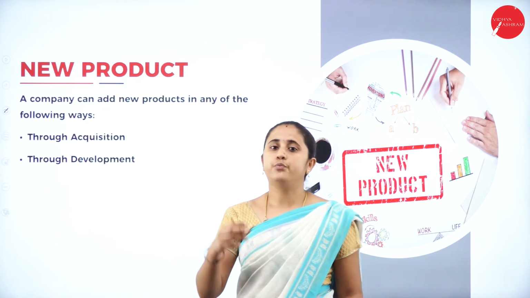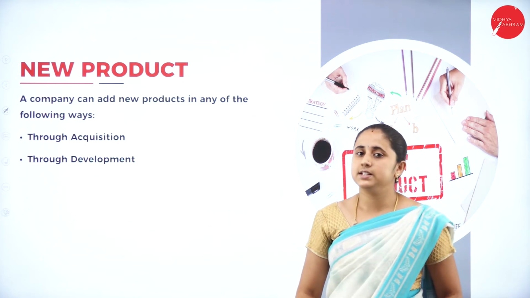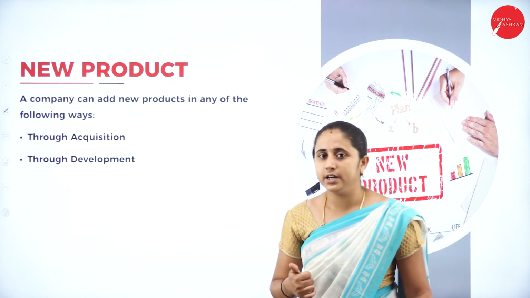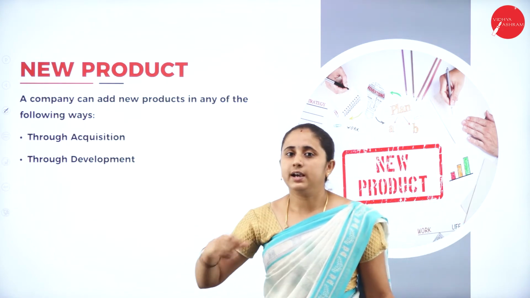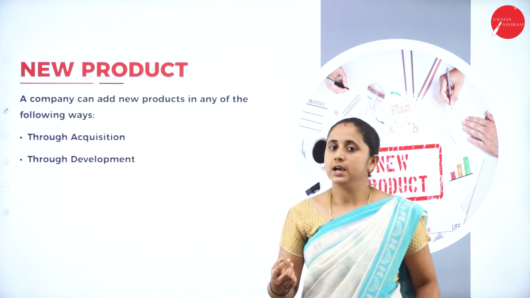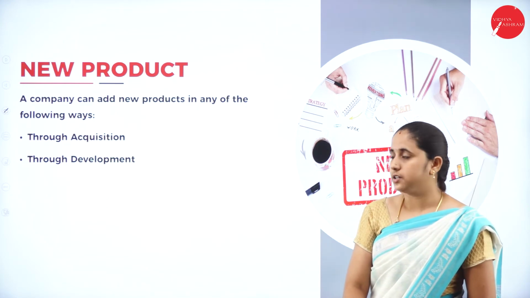Any of this can be considered a new product: either an entirely new product for the world, or a new product for the company, or an innovative feature for the existing product.